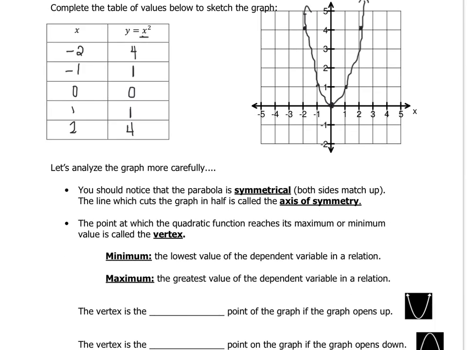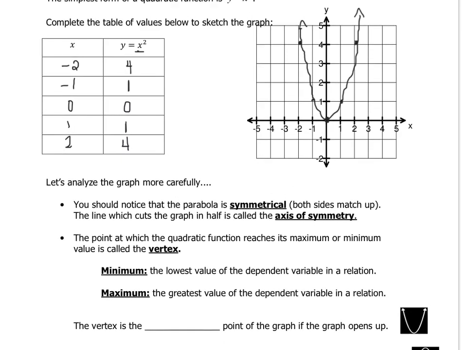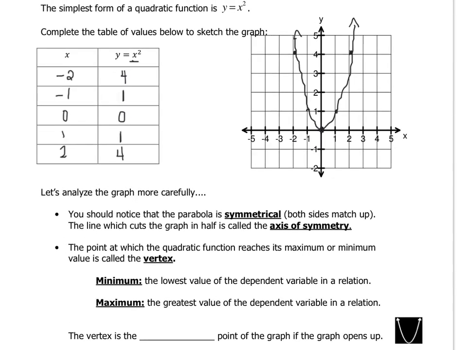So if we look at the graph a little more carefully, you should be able to tell that the parabola is symmetrical. It basically means if I split this graph down the middle, where this is the point that's on its own, everything else has a match with it.